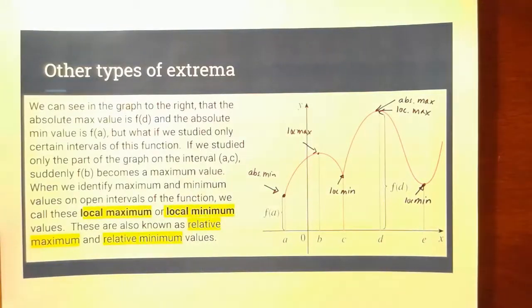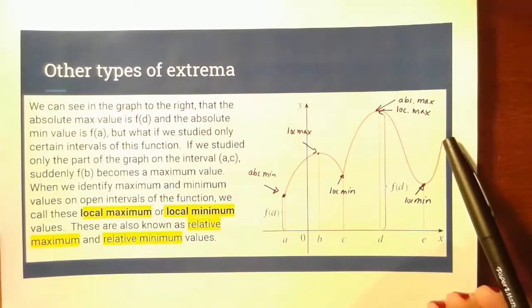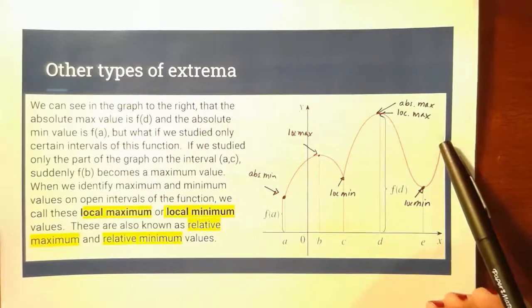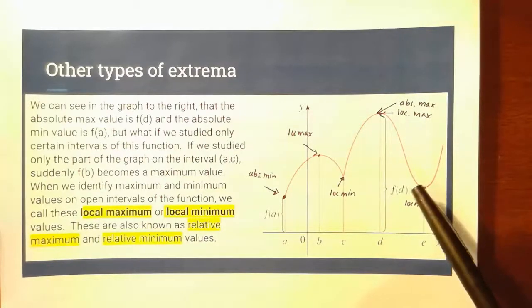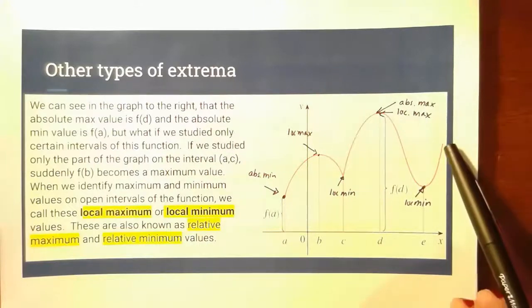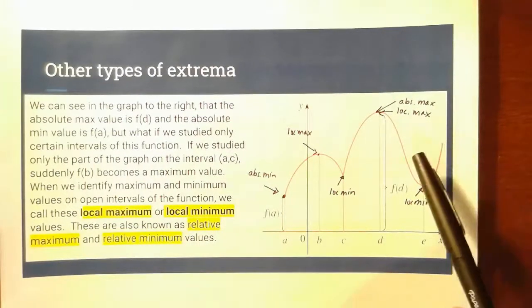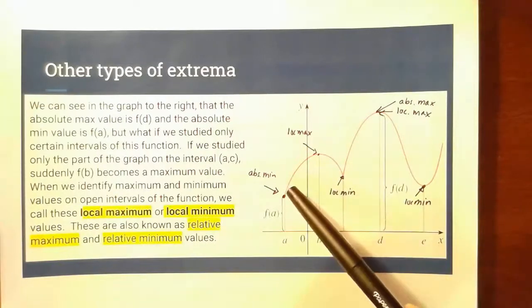Now, one thing I want to point out is that when I found these points right here, notice that this endpoint is kind of just in the middle of nowhere. And even though he's higher than the points to the left of him, when we were looking for local extrema, they have to be on an open interval, and you have to be able to find points on both sides of it. So endpoints right here cannot be local extrema.